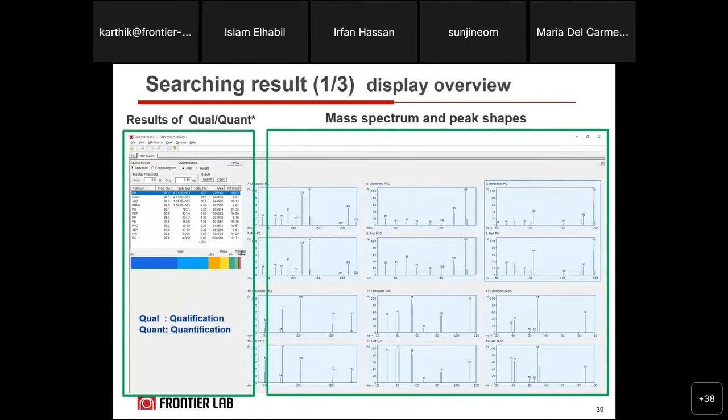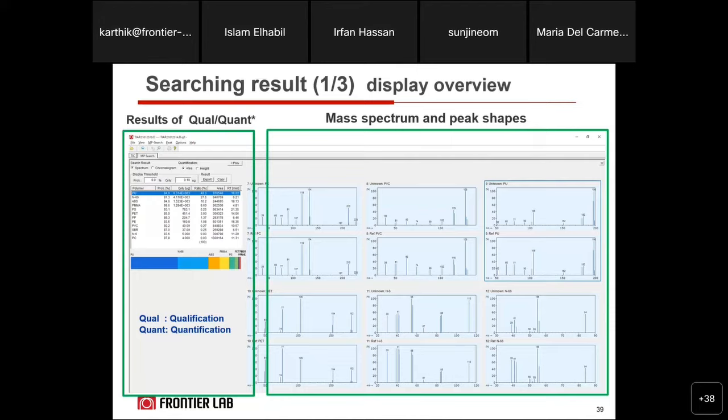That means you can look at what different types of polymer are present in my sample, and what the probability match is. For this match, we generally recommend 90 and above, but when you have a matrix sample, you can go down to 80%. But this is something we cannot put as a rule of thumb.